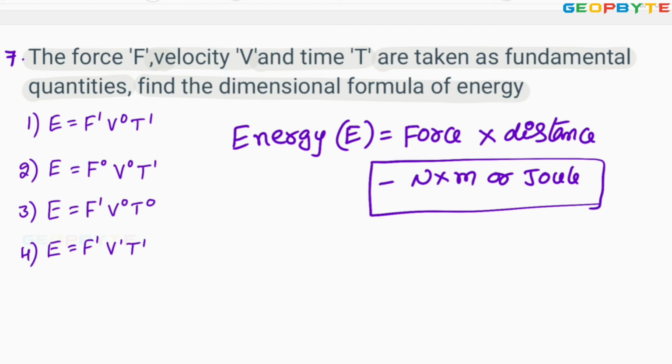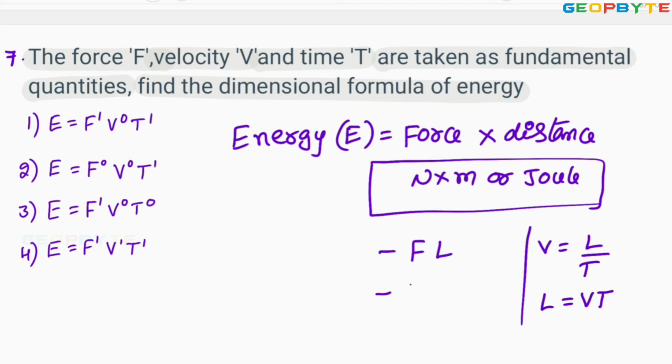Okay, one minute. Now, come to our problem. Force is F. Distance, let it be L. But here it is given in terms of velocity and time. Velocity V equals distance by time. From this, distance or displacement equals the product of velocity and time.